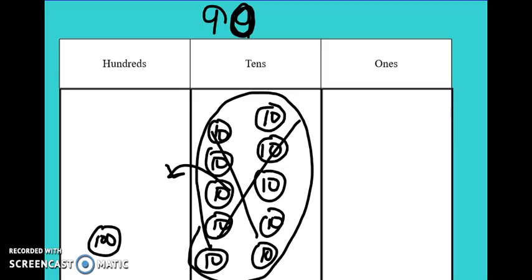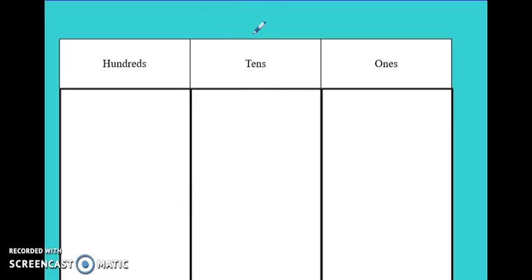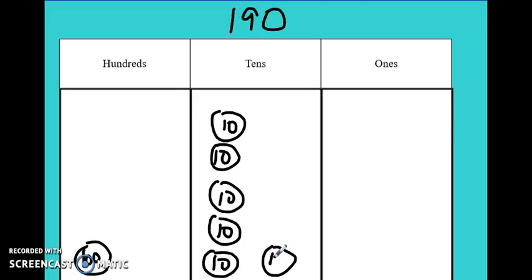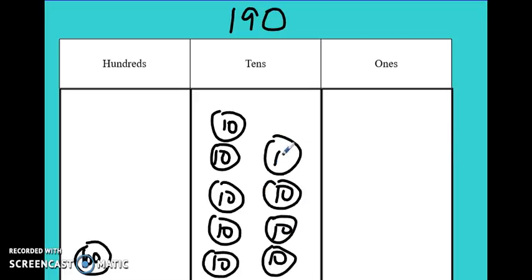Let's look at another example like that. Let's say I have the number 190. So now I'm going to make the number 190. So here's 100. And then I need 9 tens, 30, 40, 50, 60, 70, 80, 90.